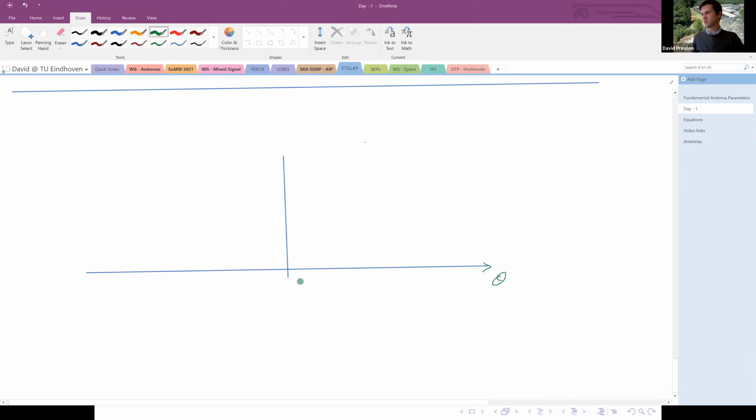Let's call this theta 0. But let's say that the power that I'm receiving looks something like this. This is now as I am rotating my transmit antenna around my receive antenna. For each of these angles, this is the signal that I measure.